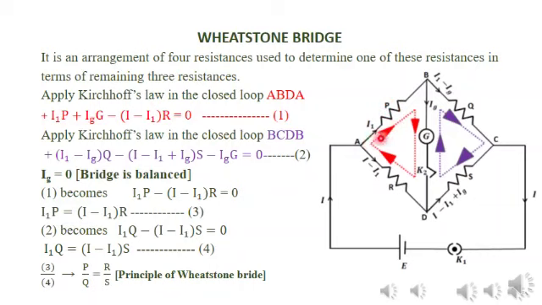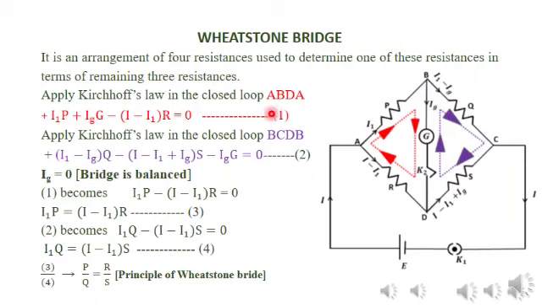Since both are the same, the current-resistance product is positive. And since the current I1 flows through resistor P, the product is I1P.